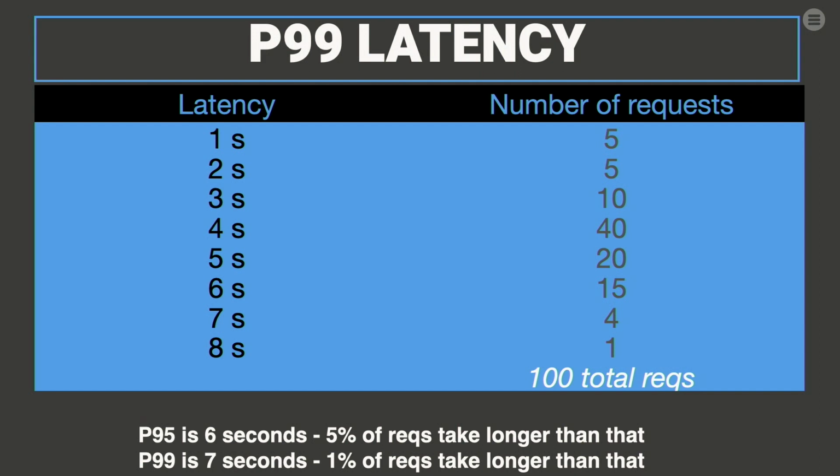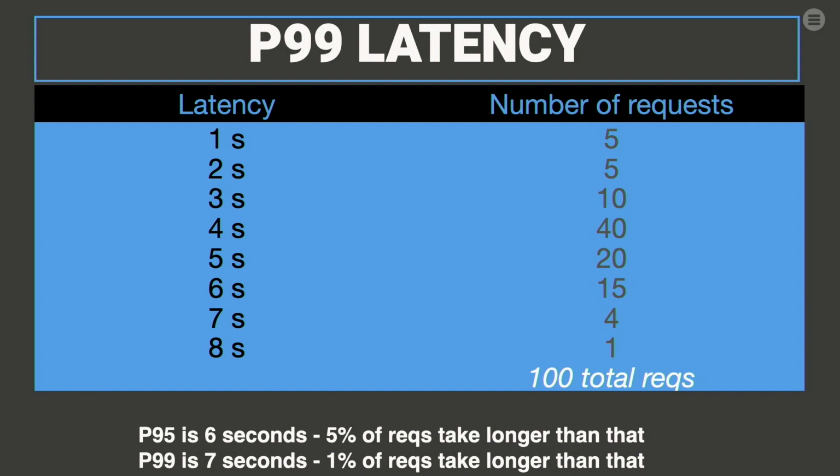Okay, so if we look at this chart, we will produce this chart in a few minutes in graph form, but we can also get this data using a number of different tools. But if we look at this table, we can say that the P95, or 95% of requests, finish in less than 7 seconds. Okay, so that's our P95.